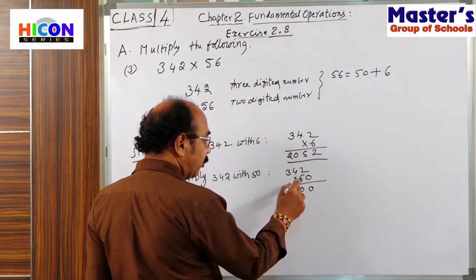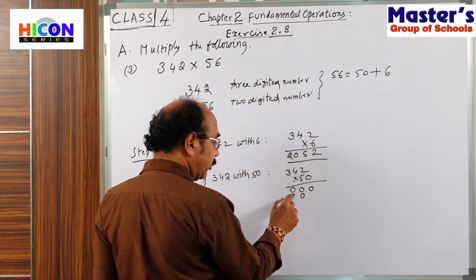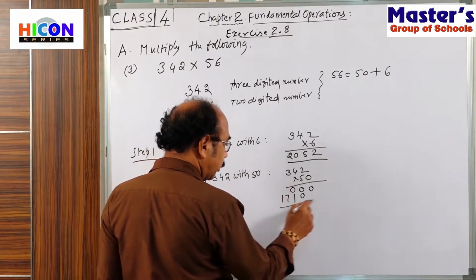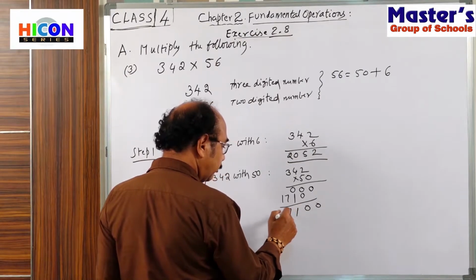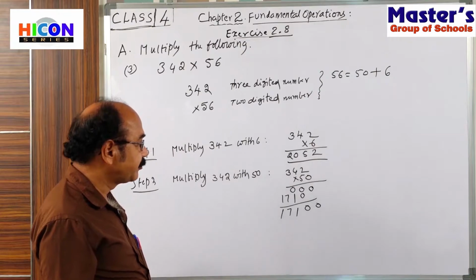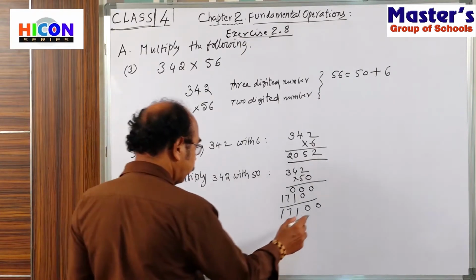With 5 multiply: 5 2s are 10, 0, 1 is there. 5 4s are 20 plus 1, 21. 1, 2 is there. 5 3s are 15 plus 2, 17. That means 17100. Okay children.